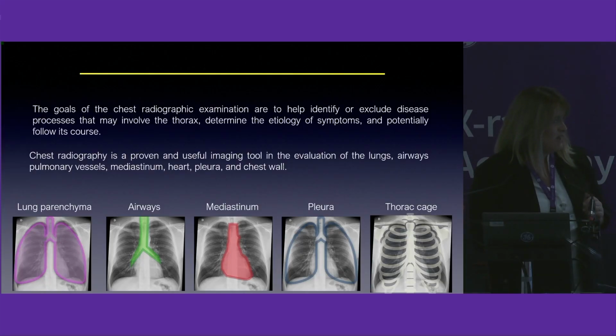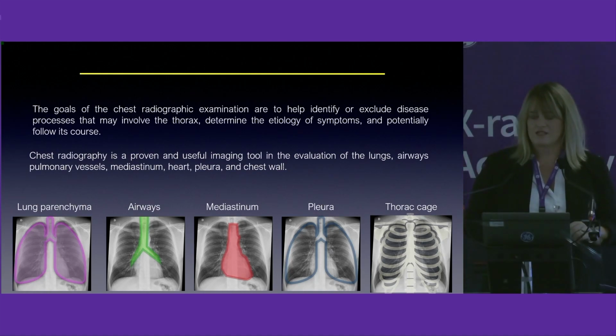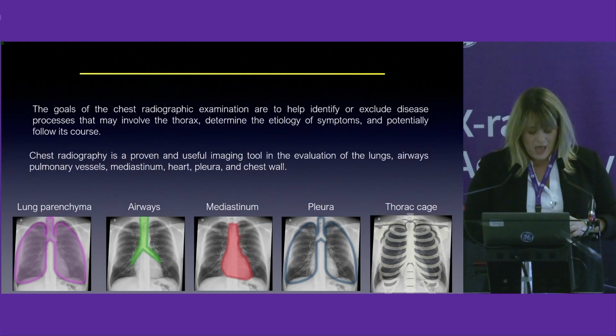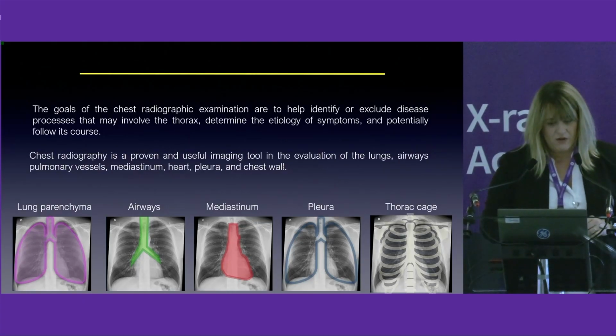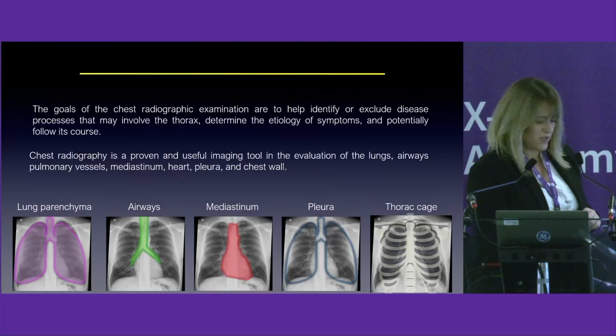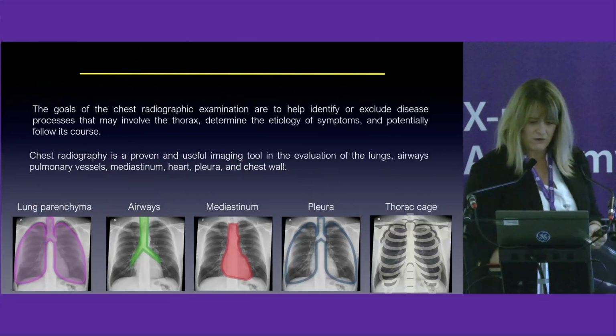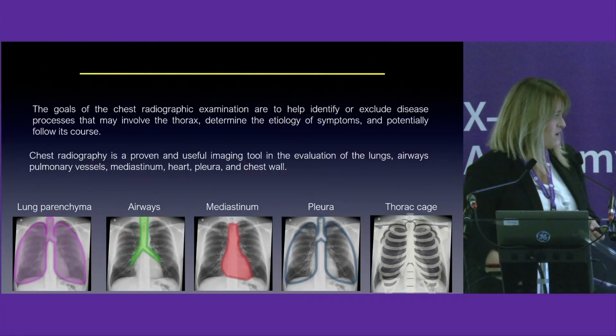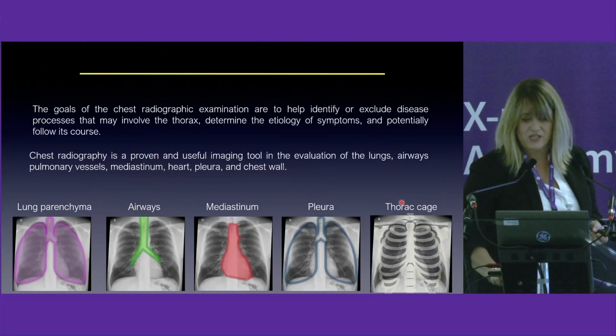Sometimes it's helpful in determining the etiology of symptoms and potentially following its course. So we have to focus on etiology and the course of diseases. And chest radiography is very useful in evaluation of the lung parenchyma, airways, mediastinum, pleura, and thoracic cage.